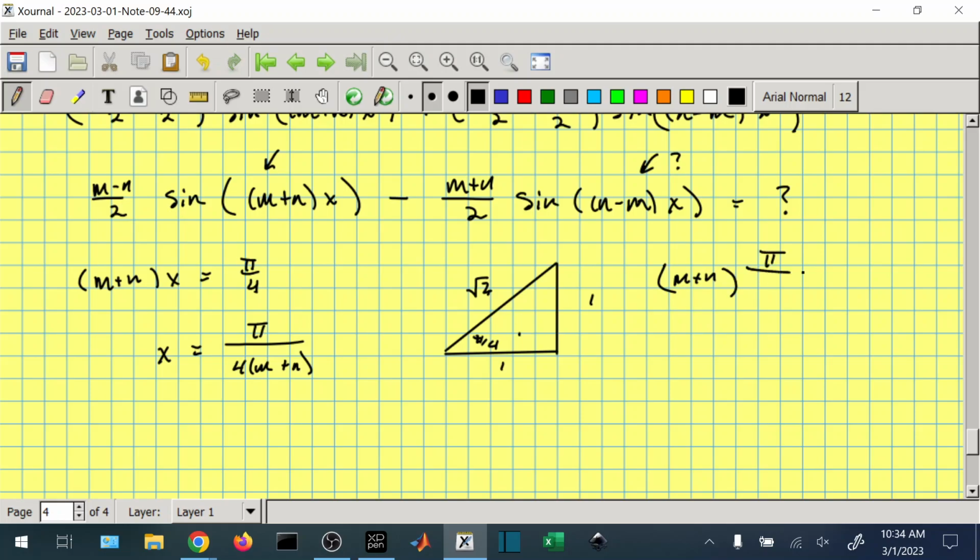This is pi over 4 (m plus n). Gives me my nice pi over 4. Now we know what x is. It's pi over, what's n minus m times pi over 4 times (m plus n). I'm not sure why I'm going down this rabbit hole.